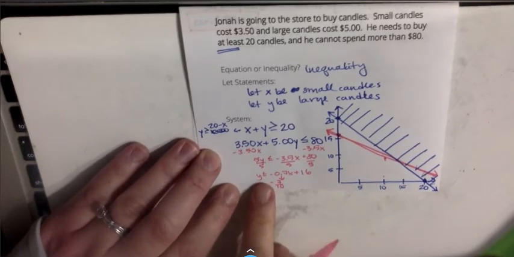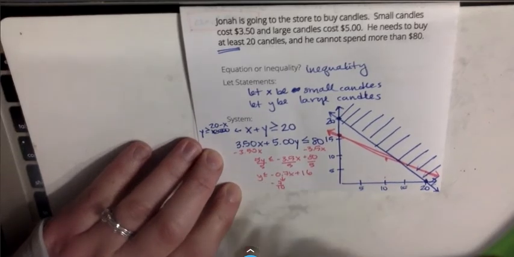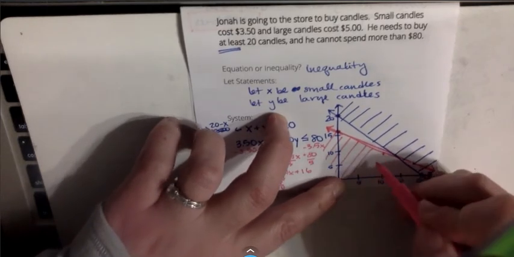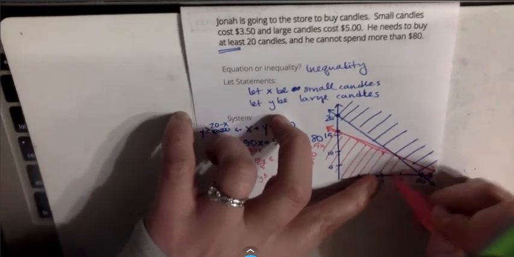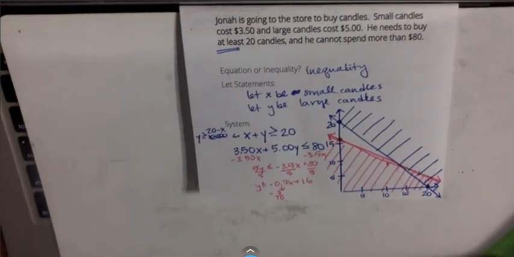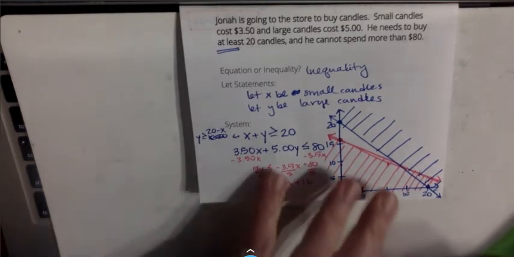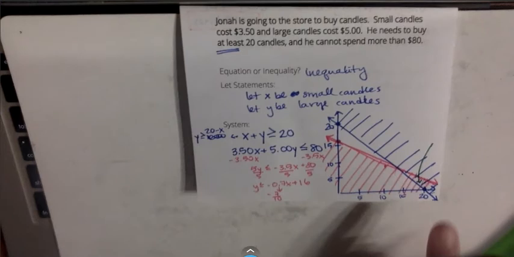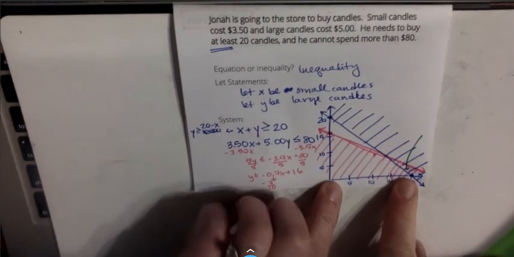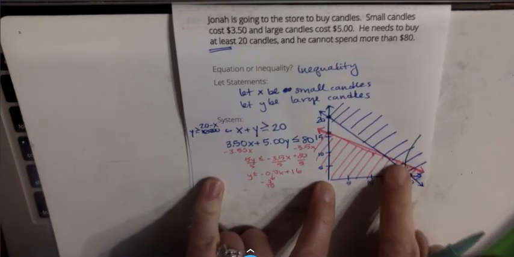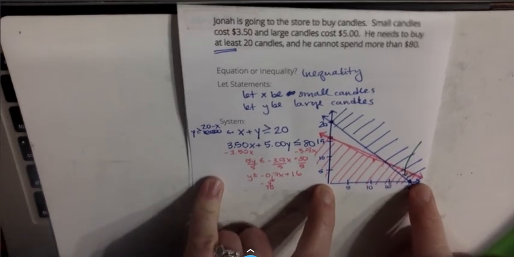Either way, this says y is less than or equal to, so I need to shade below on this one, which makes me a little nervous, asking myself, do we even have some overlap? Oh yeah, we do have a little bit of overlap. So essentially, Jonah's ideal candle buying excursion will happen somewhere in this region, where we're buying a lot of small candles and not a ton of large candles, but we are still spending $80 or less.